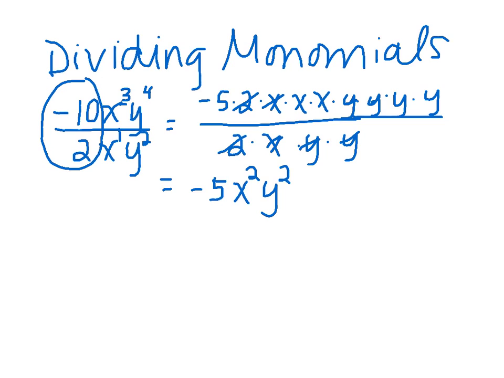However, with division, it doesn't always come out that easily. I want to move to another page so that you can see this. What if the problem had been 2x squared y over negative 10x y to the third?